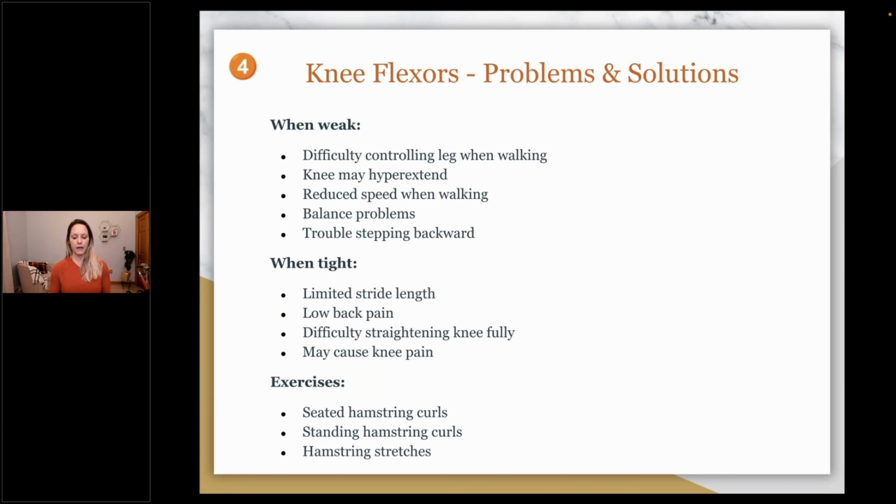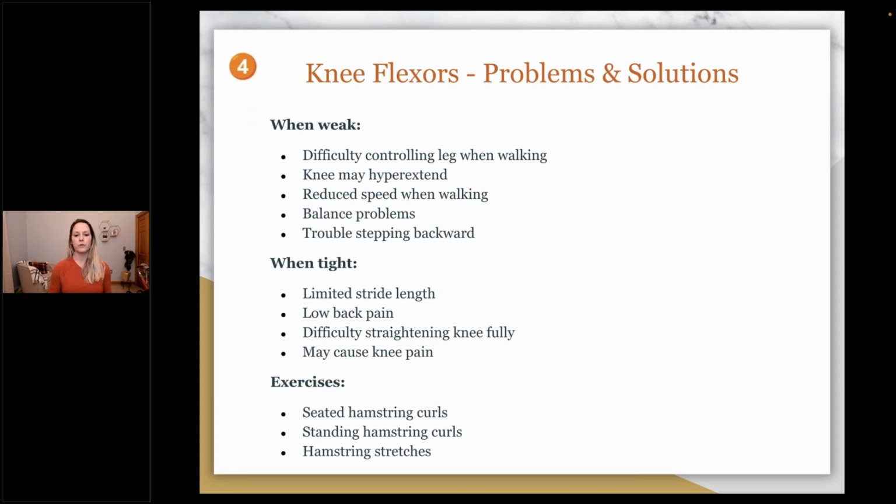If your knee flexors or your hamstrings are tight, you might notice that it's really hard to straighten your knee. And therefore, it might be hard to take a full stride length, a full step length, because it's hard to straighten your knee fully. If your hamstrings are tight, you might notice low back pain.